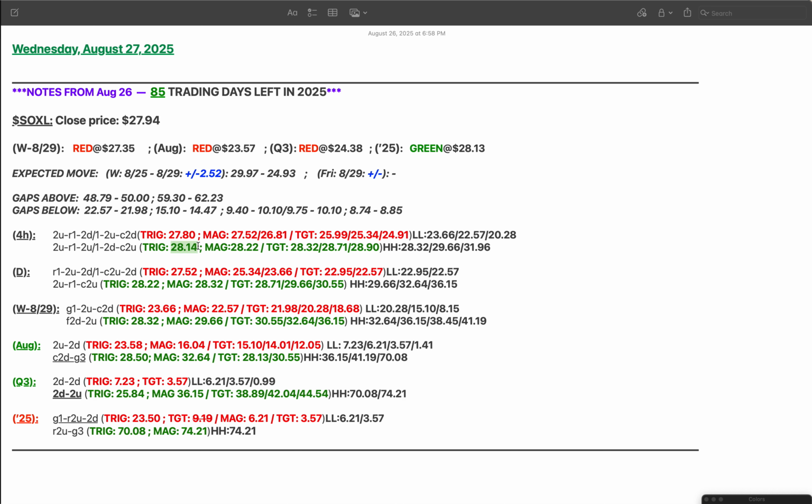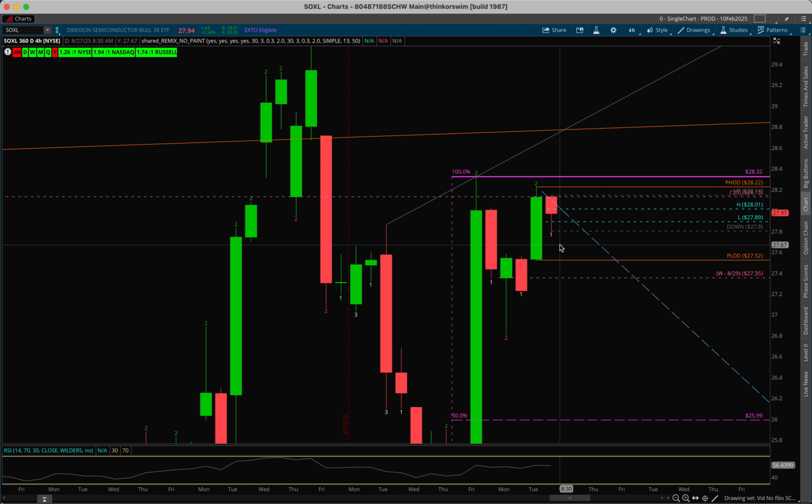We go ahead and chart it. The 28.14 is the trigger. The magnitude being 28.22. This would trigger the 1 combo 2 down, combo 2 up, because it has not reached its magnitude yet. It did trigger today, but it didn't reach the magnitude. The magnitude is the high of this candle, the candle to the left of the 1, which is 28.32.